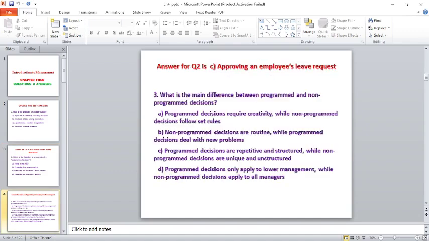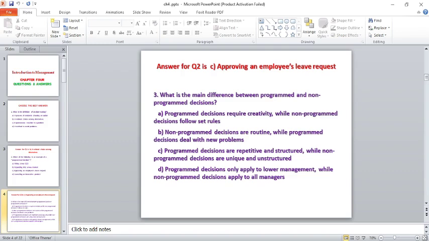Question number 3. What is the main difference between programmed and non-programmed decisions? A. Programmed decisions require creativity while non-programmed decisions follow set rules. B. Non-programmed decisions are written while programmed decisions deal with new problems.